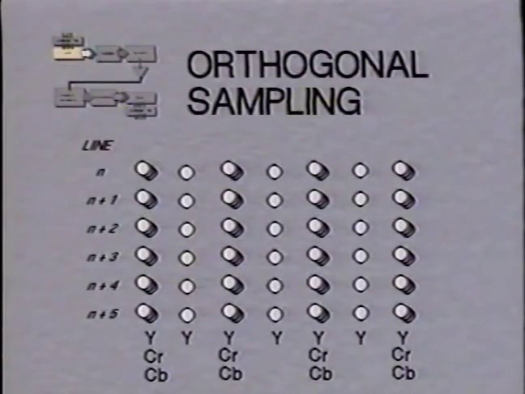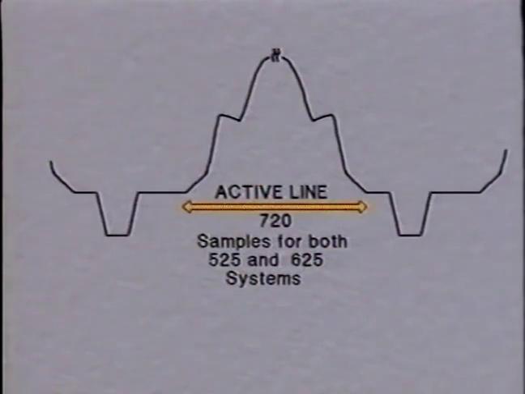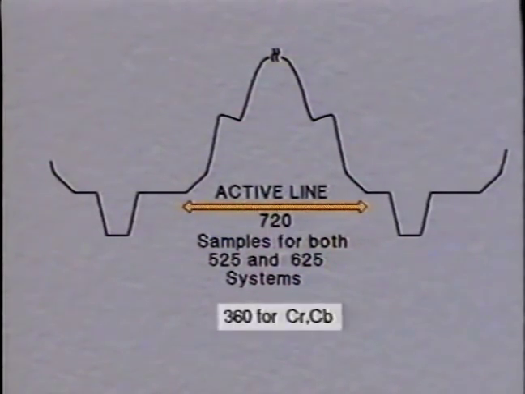At the output of the A to D converter, YCRCB samples are aligned like this. We'll be returning to this structure later. The number of samples per active line is the same for both 525 and 625 systems: 720 for luminance and 360 for each of the color difference signals.